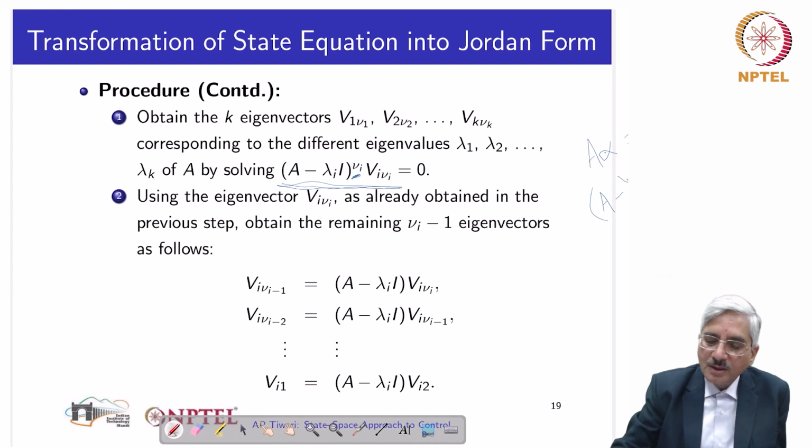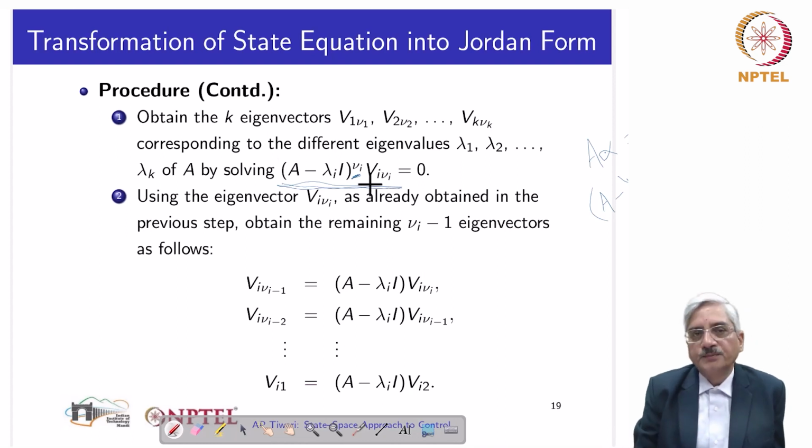And then we are going to solve for the eigenvector. Here the notation is Vi nu i, that it will give nu i eigenvectors, like Vi1, Vi2, Vi3, etc. up to Vi nu i.